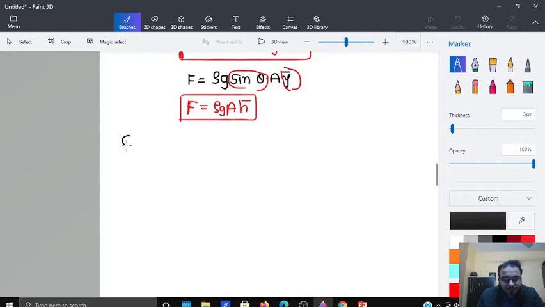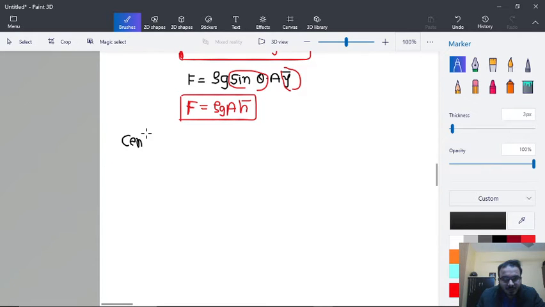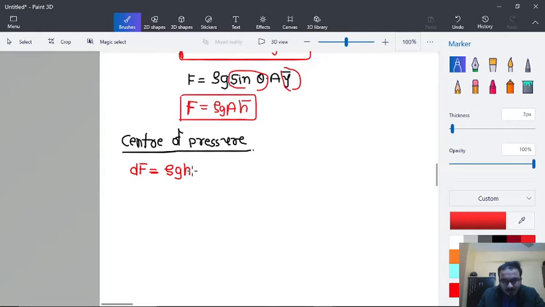The next is center of pressure. So here again we will continue with the force on the small strip, that is dF is equal to rho G H into dA.